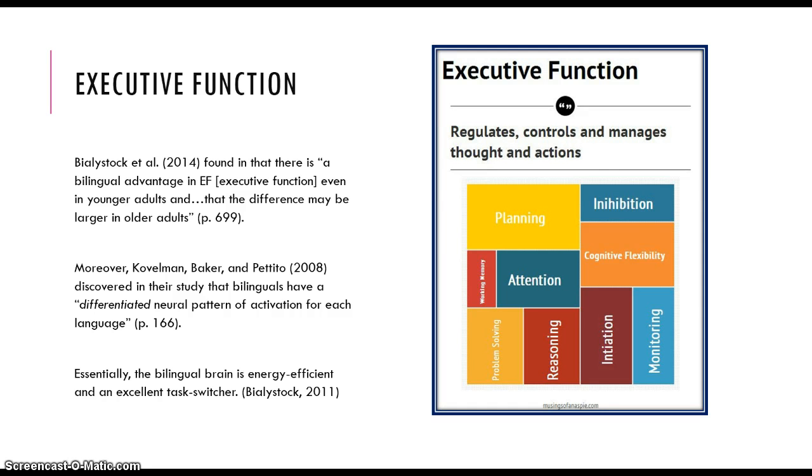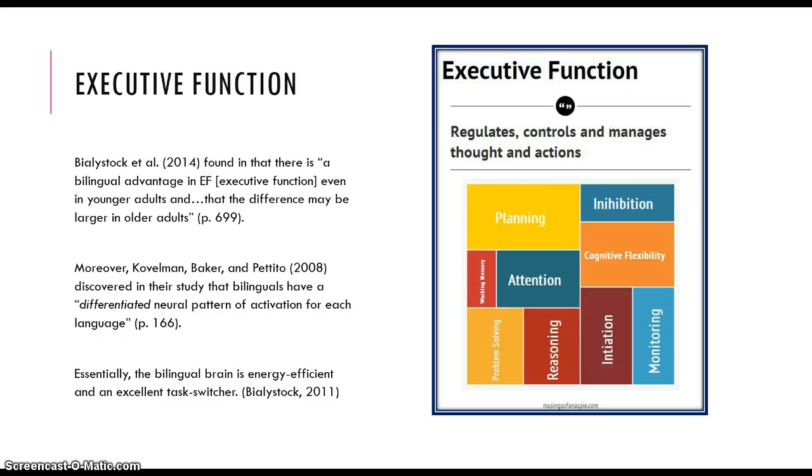These results came from a study that Bialystok and her colleagues did on the role of bilingualism in aging. They found that the bilingual brain actually deteriorates much more slowly than the monolingual brain. Executive function remains strong even as the individual ages.